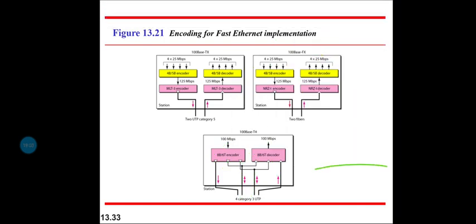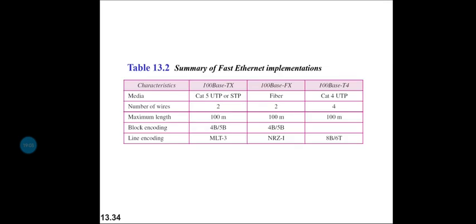Then moving on to the summary of the fast Ethernet implementation. We have seen that the media used in case of 100 base TX is category 5 UTP or STP, 100 base FX is optical fiber cable, and 100 base T4 is category 3 UTP, but of 4 twisted pair cables.